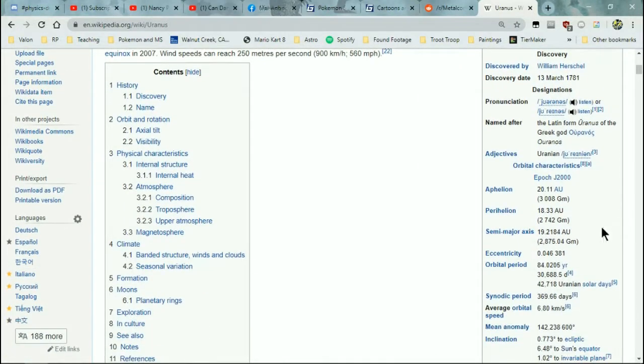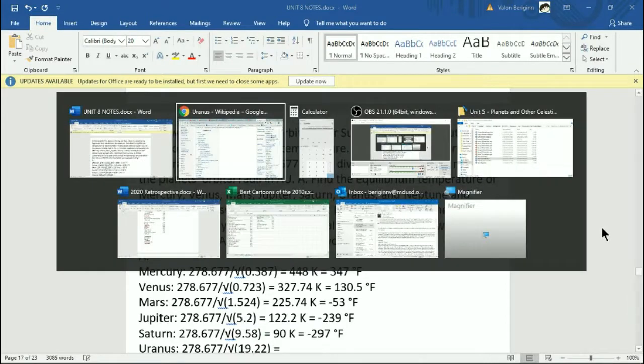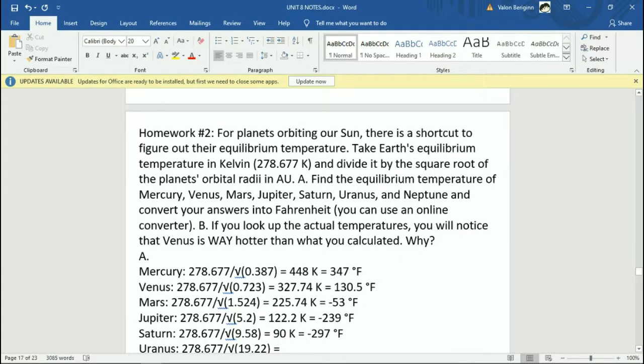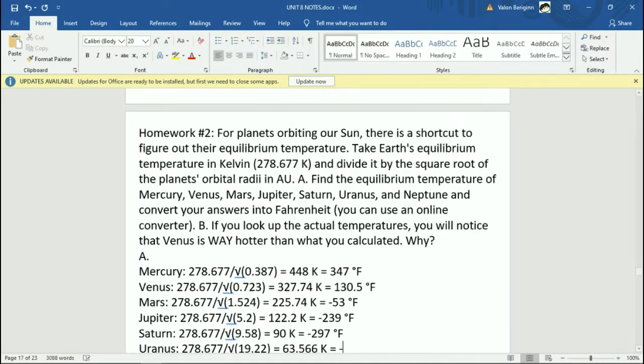The 19.22. 53.566. Minus 273 times 1.8 plus 32. Negative 345.